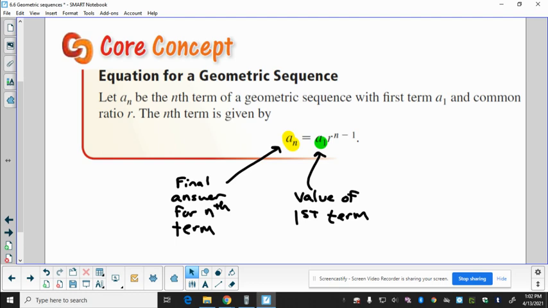Okay, and then the last thing that we need to know is r, and that is your common ratio, or your pattern.